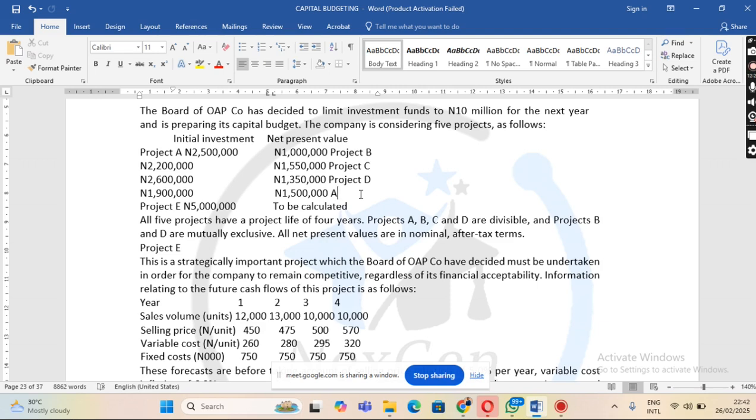This is the initial investment for project A. B, C, D, E. So I think the net NPV for B should come down to 1,550,000, then C and D. Yes, because already they say project A's cost is 2,500,000.